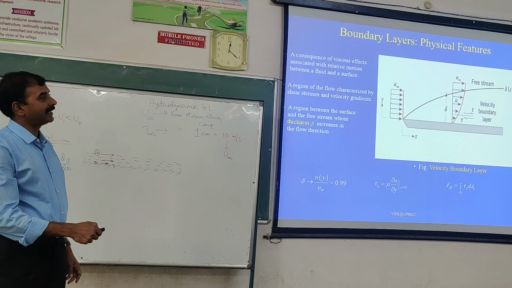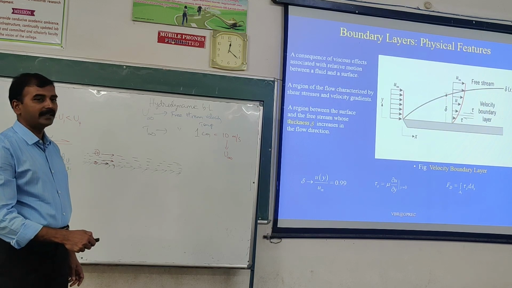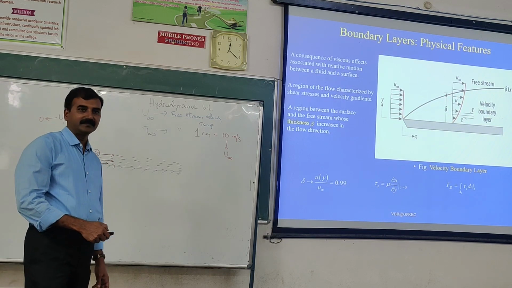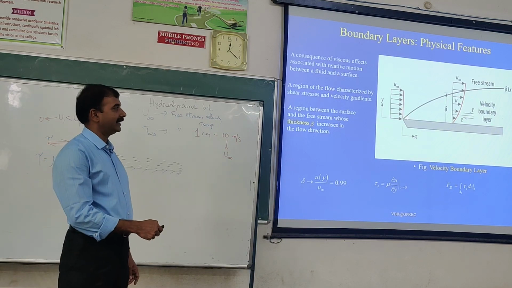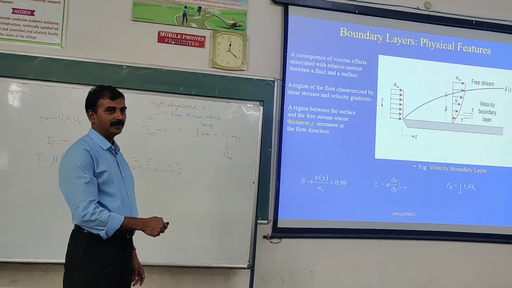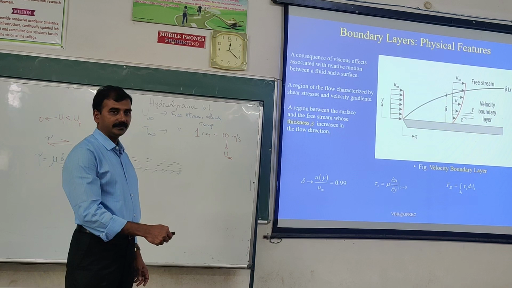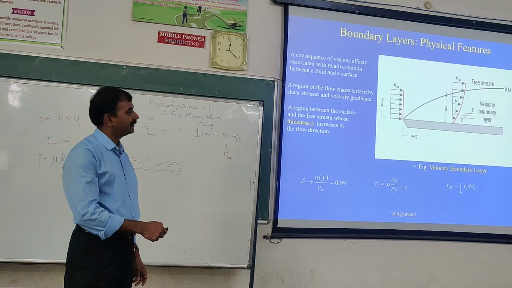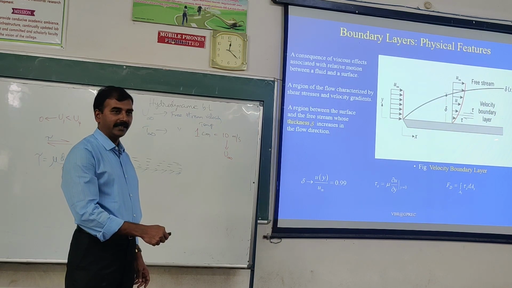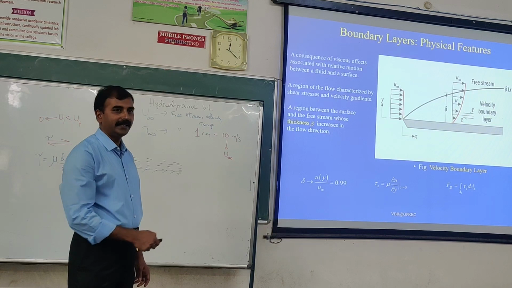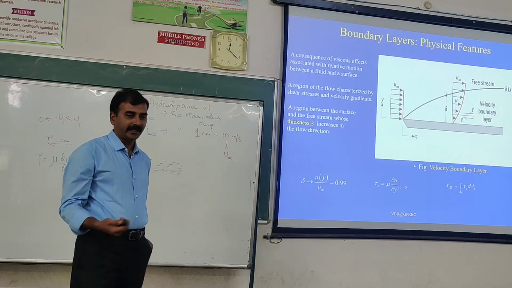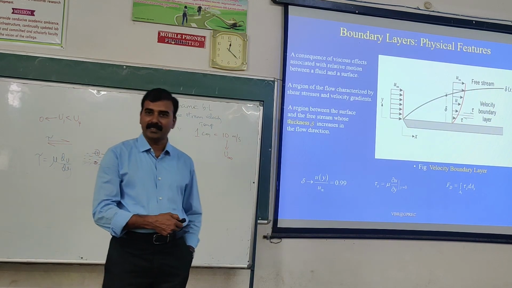And this delta is not constant throughout the length of the plate. At the beginning, the delta is very small, and as you move along the length in the x direction, this increases. Why? Again, our common sense can understand this.